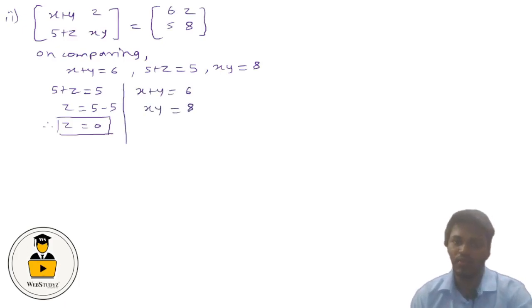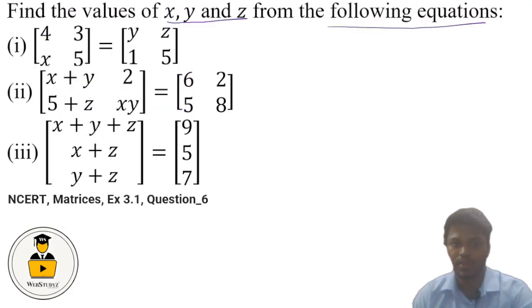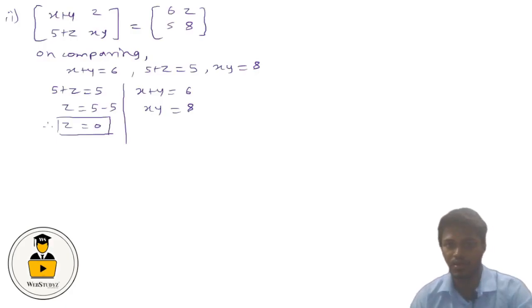So that means we have to find out two numbers for which addition is equal to 6 and multiplication is equal to 8. So 2 and 4 are such numbers.